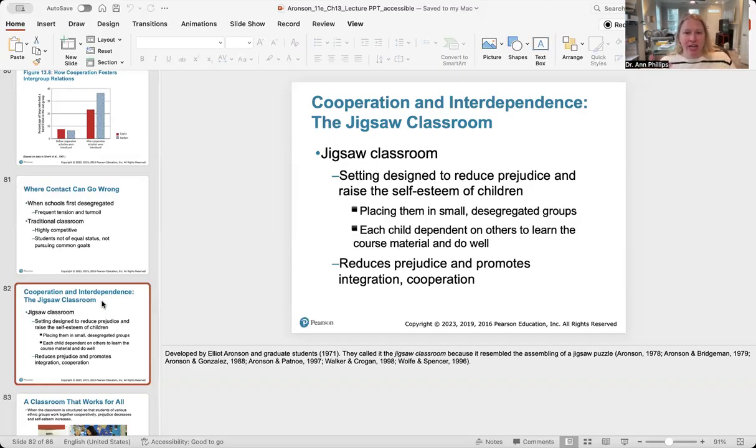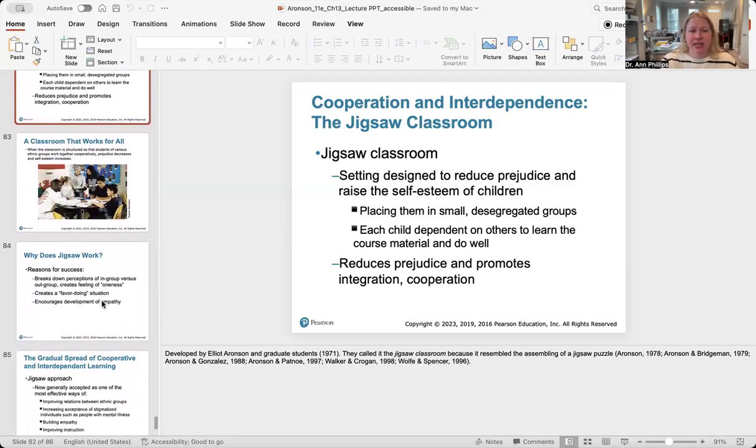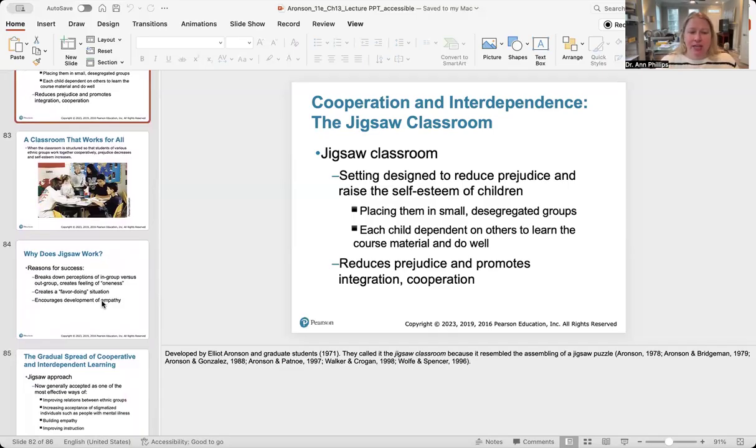And you have to work together to succeed in school. Typically, people who are part of this jigsaw classroom show less prejudice when they grow up. So basically, getting people together with a common cause from a young age can help reduce prejudice. There's a little bit more detail in there. Take a look at it.